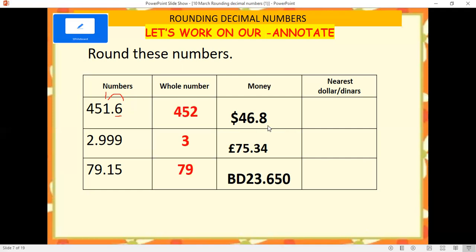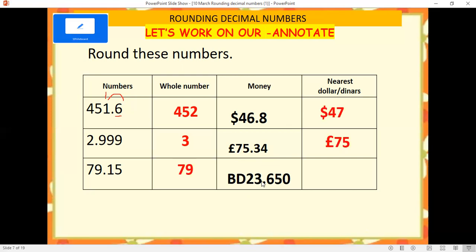So it will be $47. 75 pounds and 34 pence will be 75 pounds. Why? Because we have only 3. It is 4 or less, so it will be 0, so it will be 75 pounds.